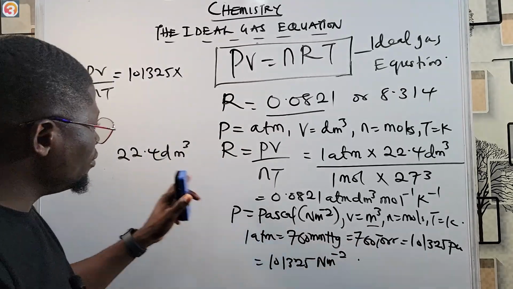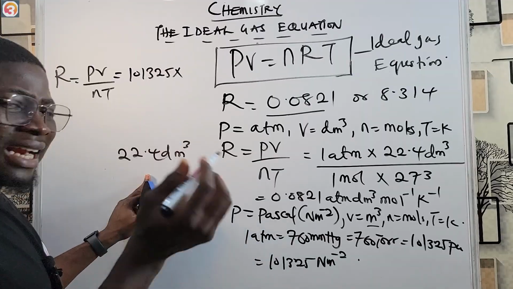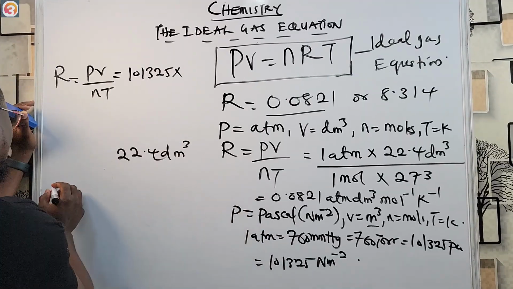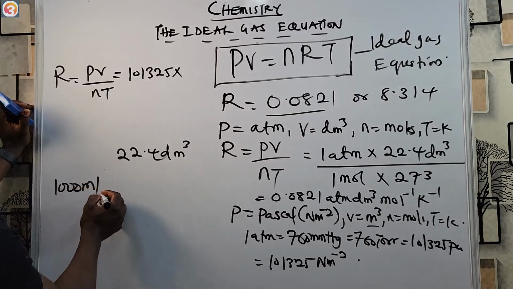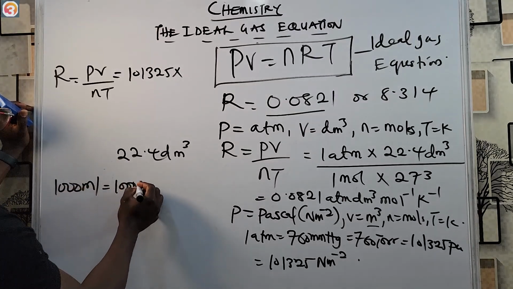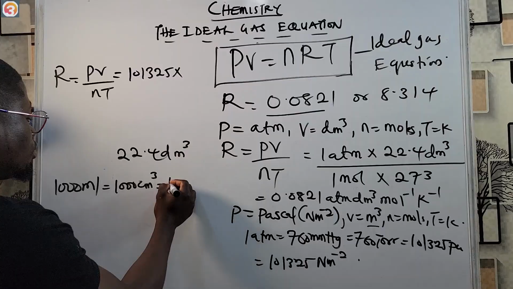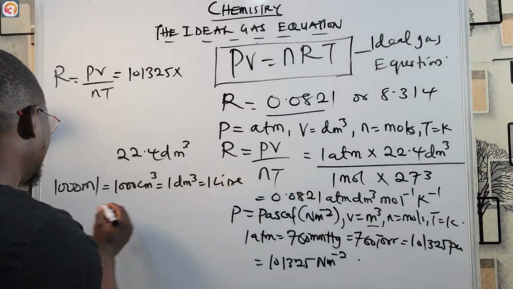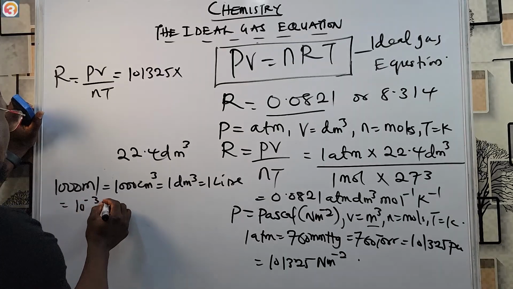So how do you now convert from meter cube to dm³? In a previous video, I've told you also that 1,000 mL is equal to 1,000 cm³, is equal to 1 dm³, is equal to 1 liter, and then it's equal to 10 to the power minus 3 m³.